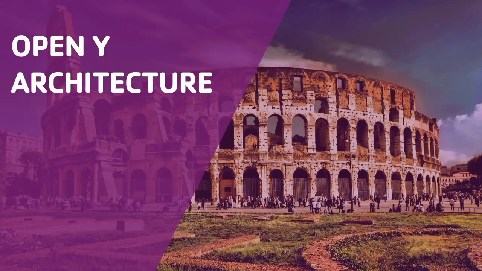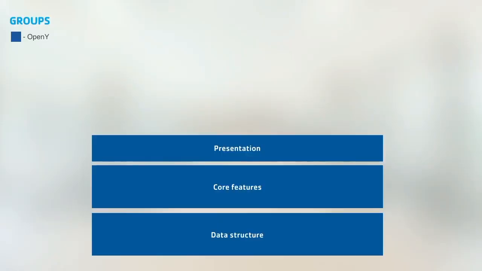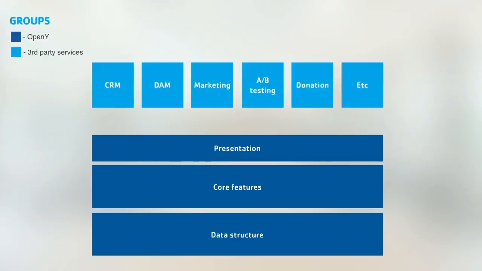If we take a look at the OpenY architecture from the business perspective, first of all, we have two basic layers in the distribution. We have the data structure, with a lot of core features, and we have the presentation layer that is visible on the website for potential customers and potential members. Also, we have a lot of third-party services that we should create integration with.